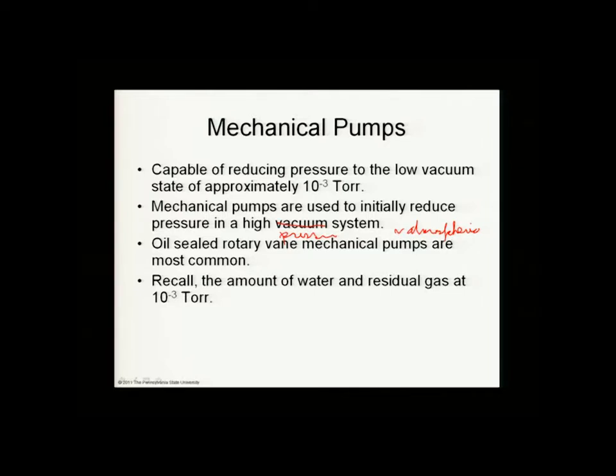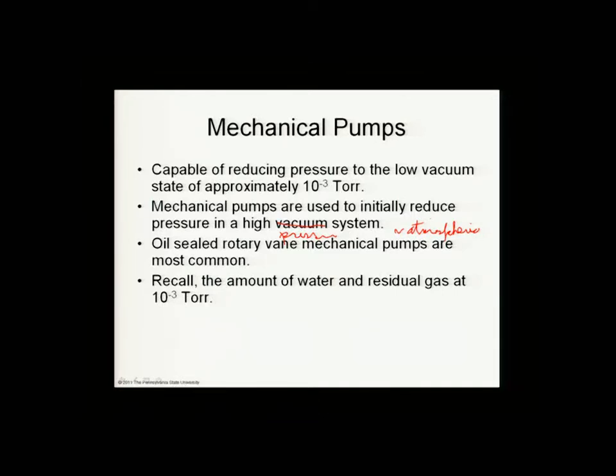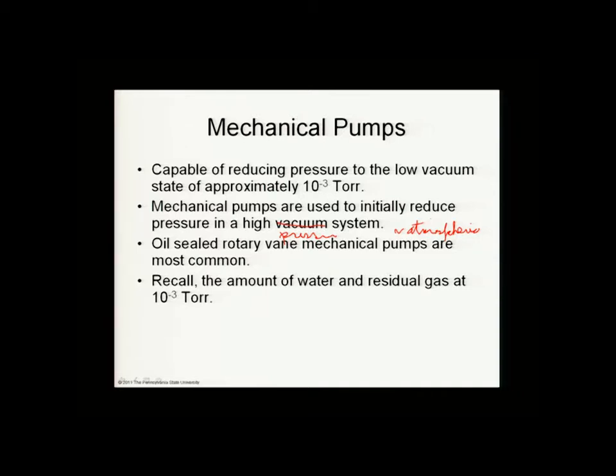So they're good in a situation where the pressure is atmospheric or maybe a little bit below that, and they operate very well in that situation to lower the pressure. They generally have an oil-sealed rotary vane structure, and they can pump water and residual gas down to about 10 to minus 3 torr.